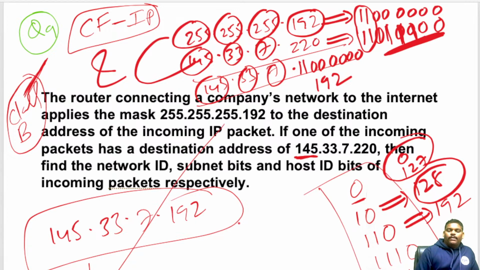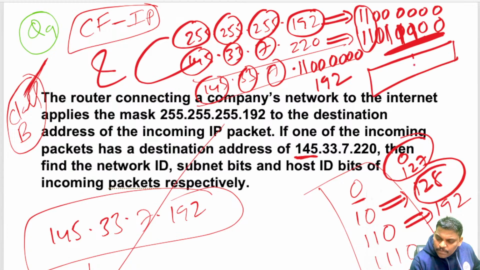Just remember this pattern. Now listen, it is a class B. According to class B, network part is 16 bits and host part is 16 bits.